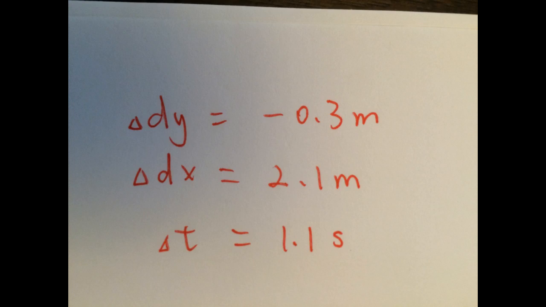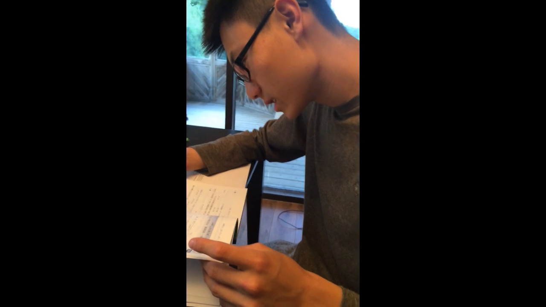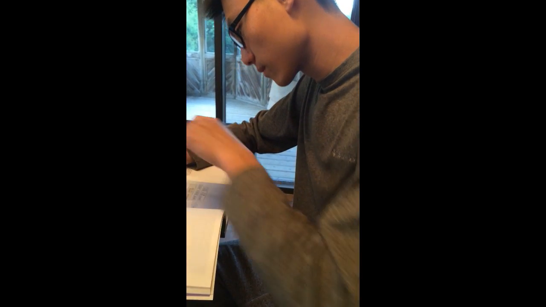The distance is 2.1 meters, and the height was 0.3 meters. I also found the time by looking at my video, and the time difference is 1.1 seconds. We also know that the acceleration of the bird is negative 9.8 meters per second squared.